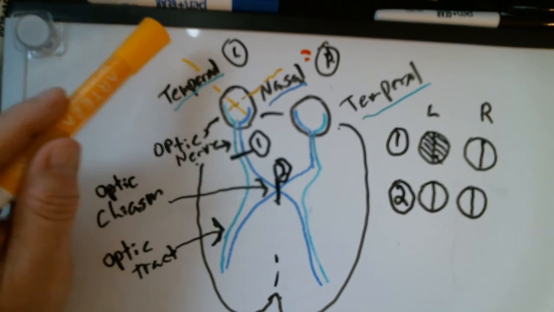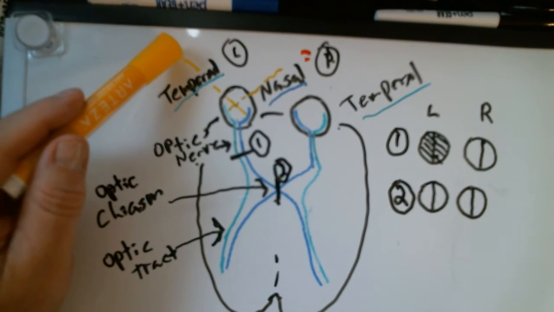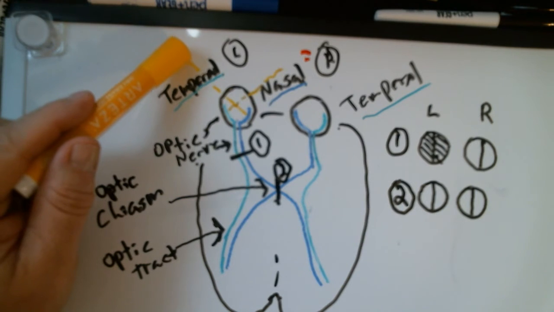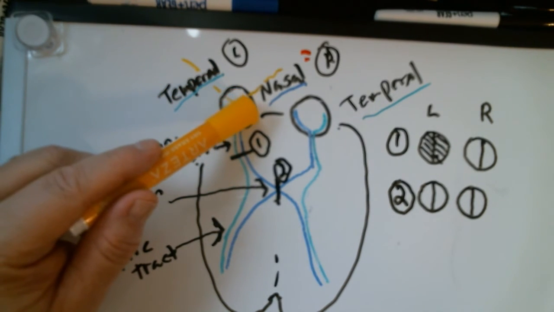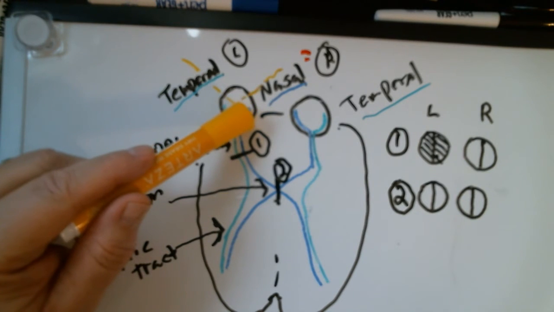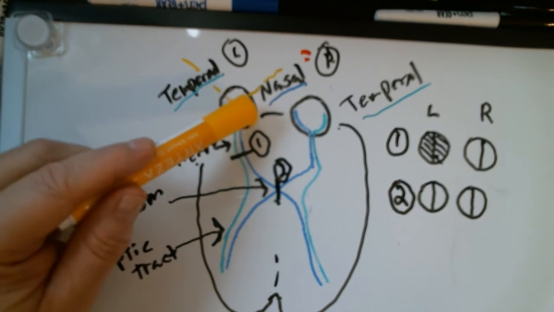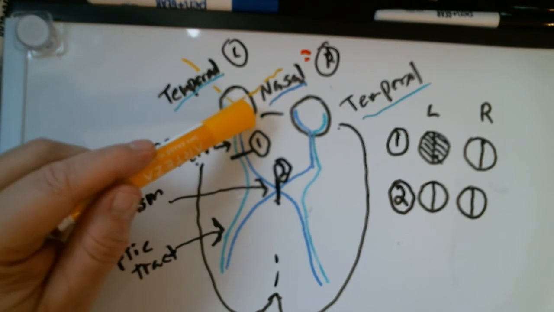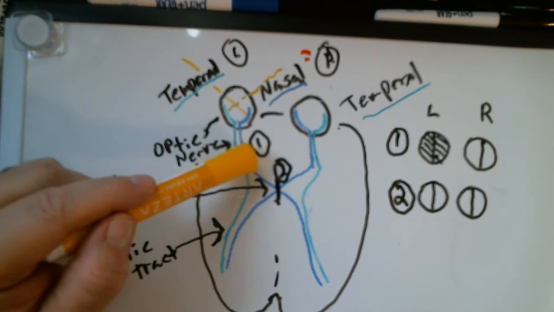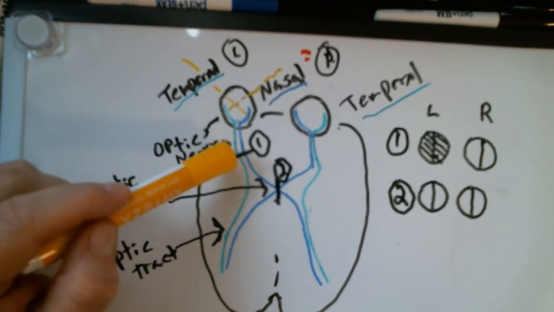So the light is going to come through here. Your peripheral vision is going to come through on the temporal side of your head, through the eyeball, and hit the nasal side of the retina. And it's going to come down on the blue one because the blue one carries the information from the nasal side of the retina. So it comes down here, the blue one, and we're not looking at 1.